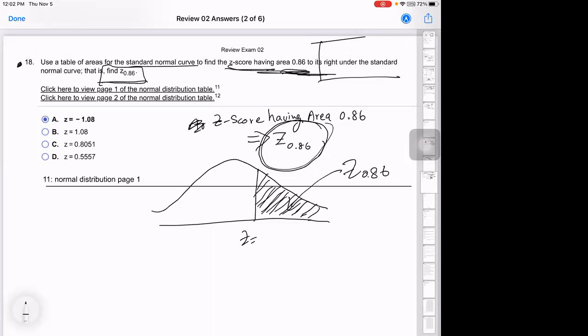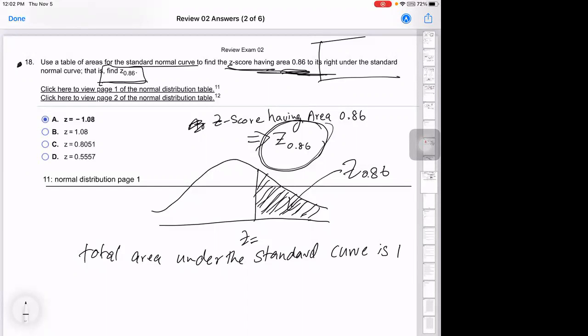So how do we find the C value? The total area under the standard curve is 1.